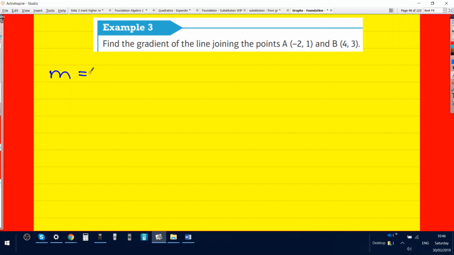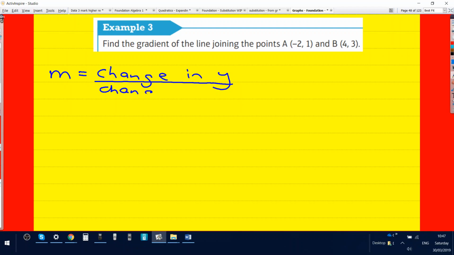So would it be y minus? No. So y equals mx to get m. So would it be dividing by x and then y minus y? So it's basically the y divided by the x. Oh, okay. So it's the change in y over the change in x.